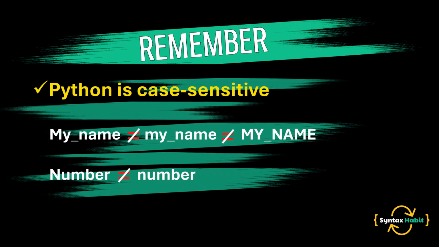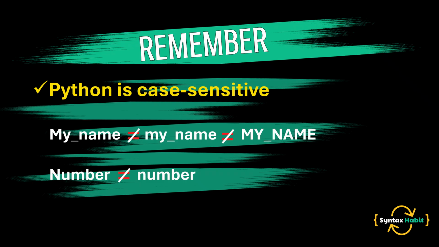Before we start, it is also important to understand a few basic syntax rules in Python related to creating a variable. As you remember from the previous lesson, syntax is the set of rules that defines how code must be written so that Python can understand it.